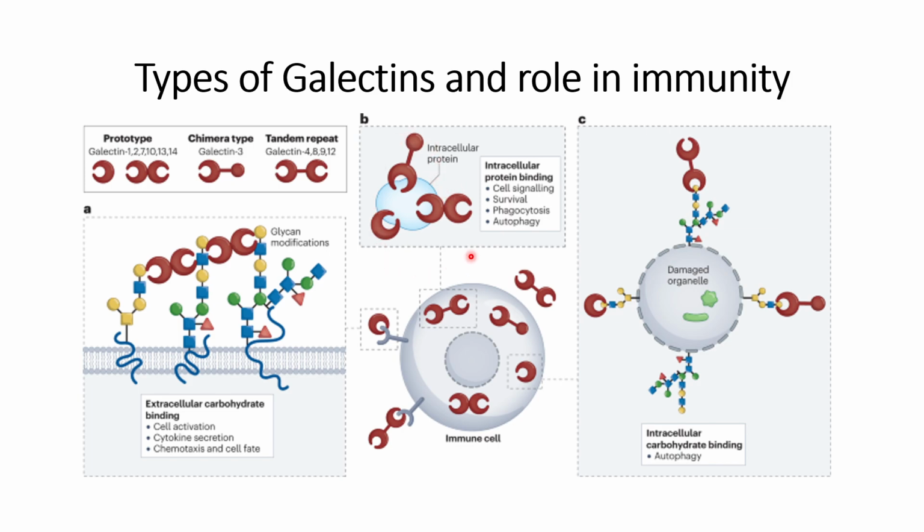In the case of intracellular galectins, they can directly interact with intracellular proteins and trigger the signaling pathway, instead of indirectly activating it by helping in the interaction of two glycoproteins.